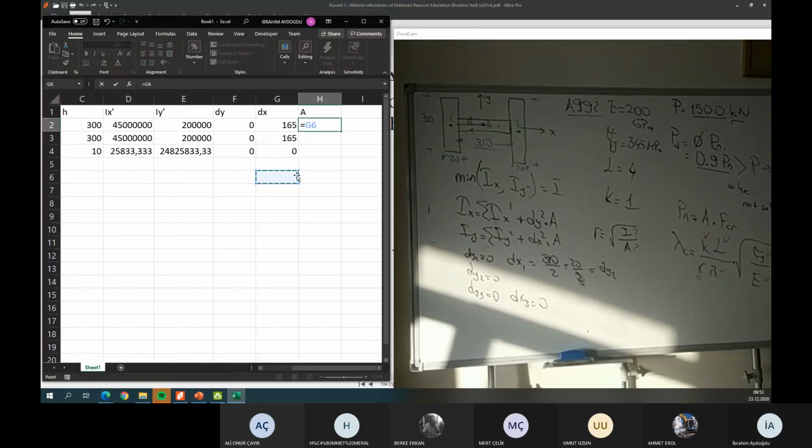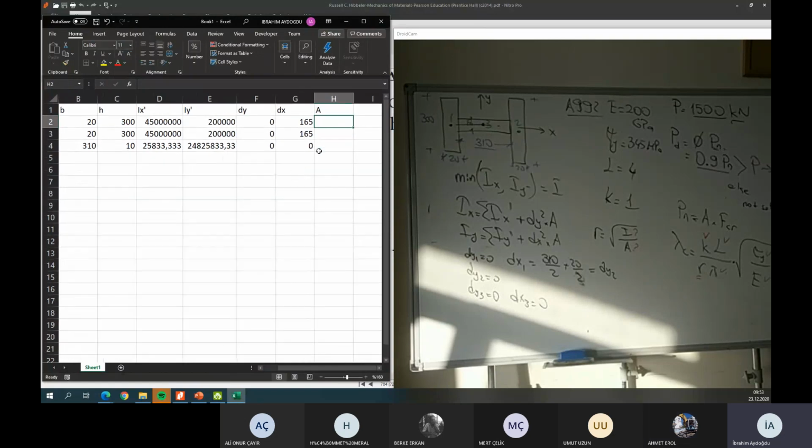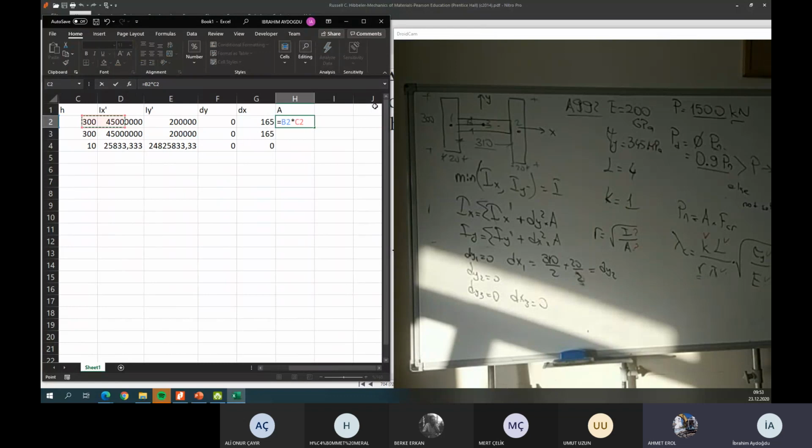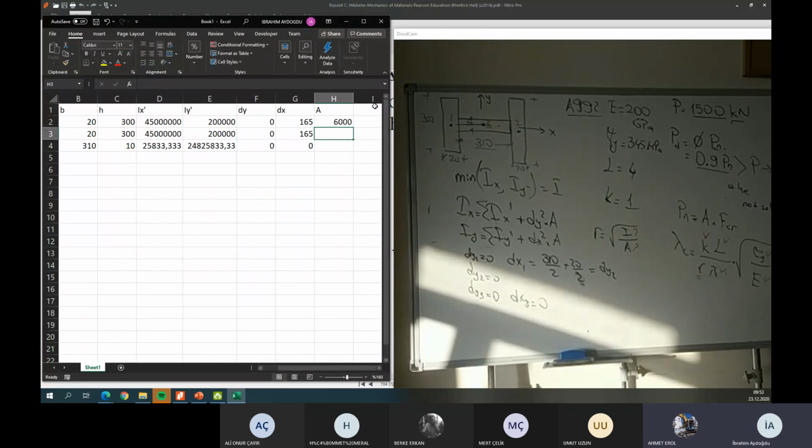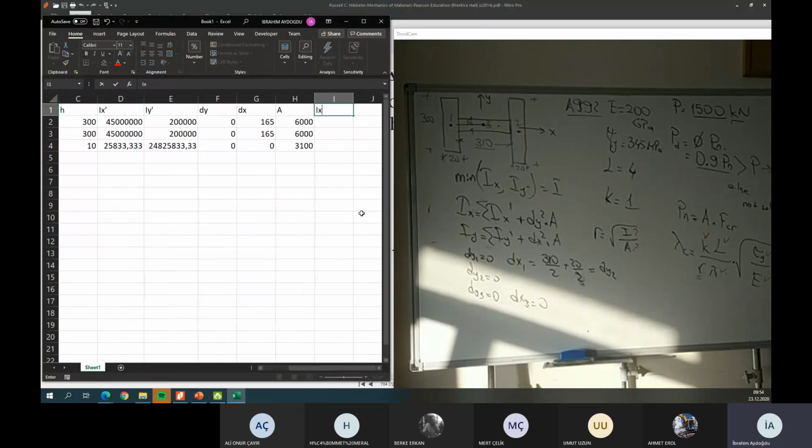So this is equal to b times h. I computed all this information, so I can readily compute Ix. Ix, maybe you can remember that: Ix prime plus dy squared times area. This is Ix.